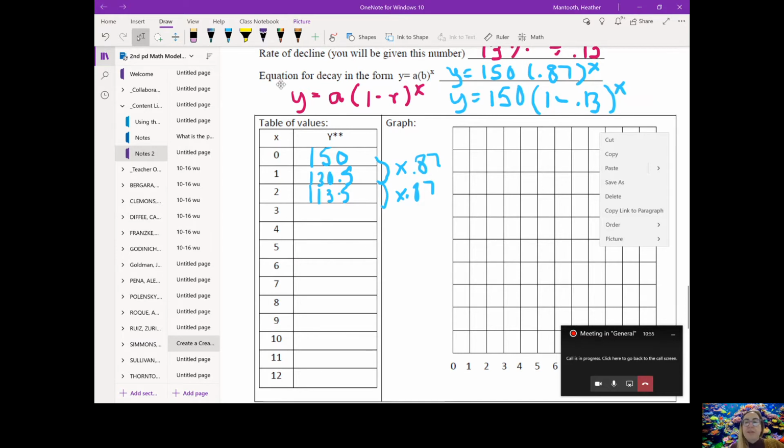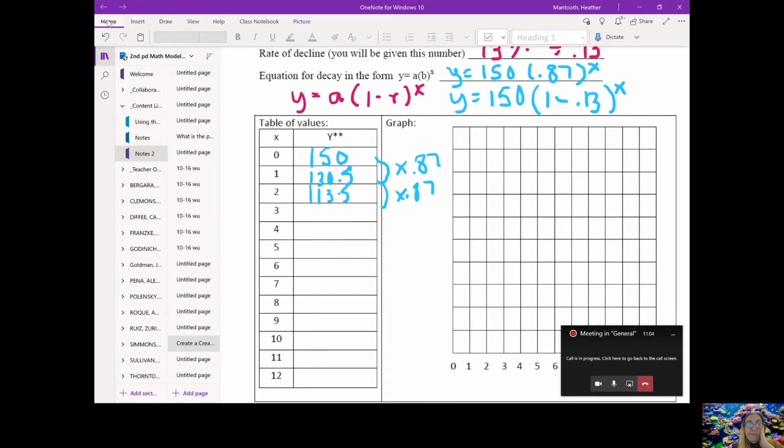And at this point, I'm going to be ready to submit this. So in order to submit this, I am going to have to save it as a PDF. So I'm going to go over here to my home button.